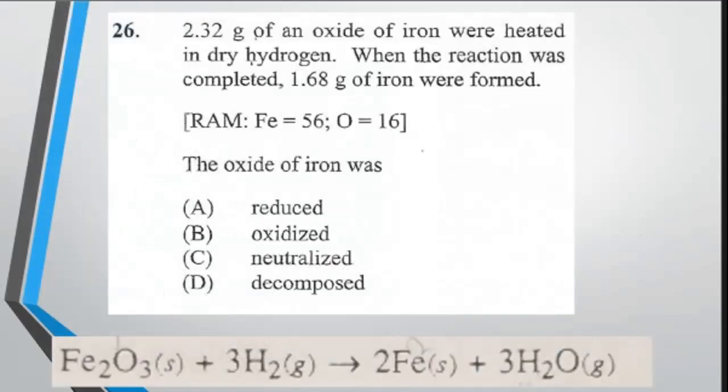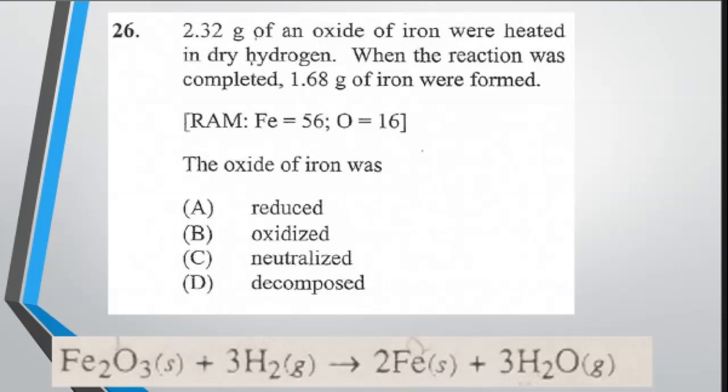All right, question 26. 2.32 grams of an oxide of iron were heated in dry hydrogen. When the reaction was completed, 1.68 grams of iron were formed. They give us the RAM. Iron Fe is 56 and oxygen is 16.